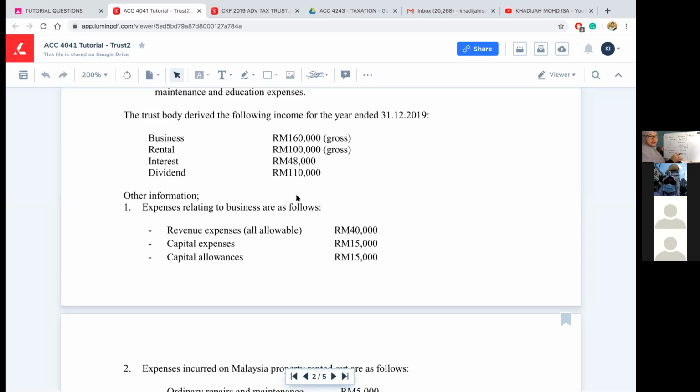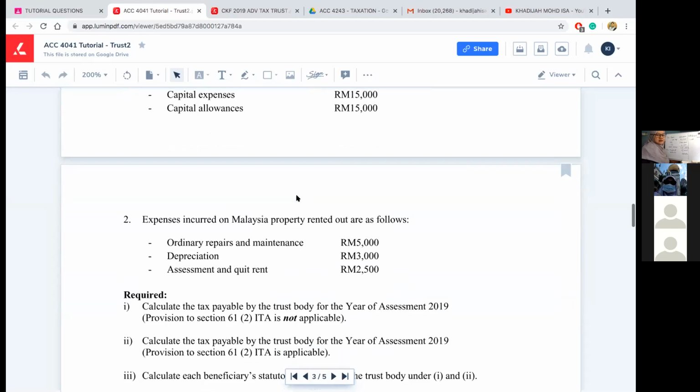Section 4D, then you have rental of 100,000 minus allowable expense, which is 5,000, the ordinary repairs. Then you minus quit rent and assessment, which is 2,500.